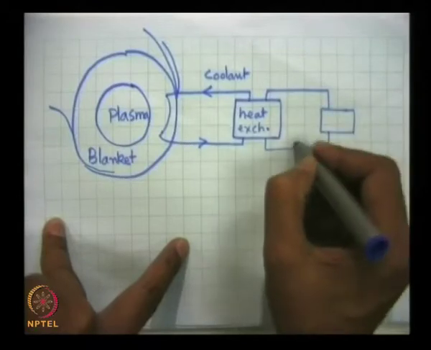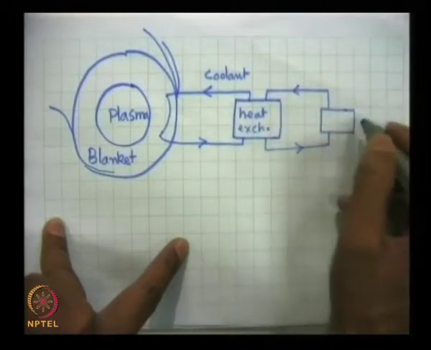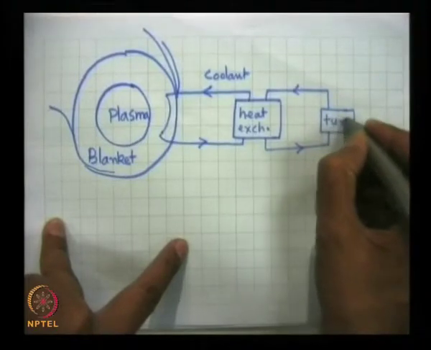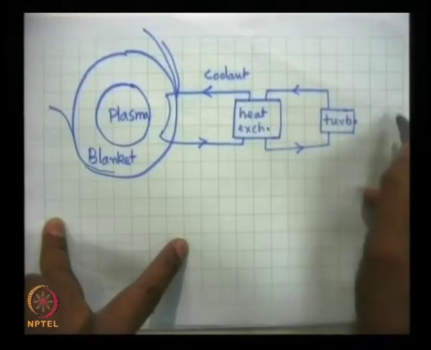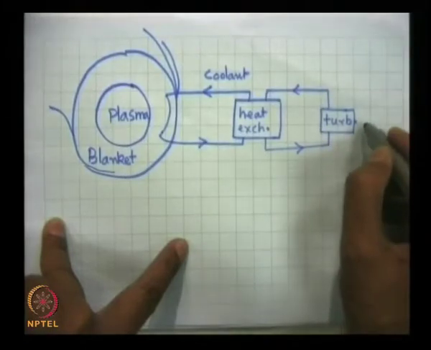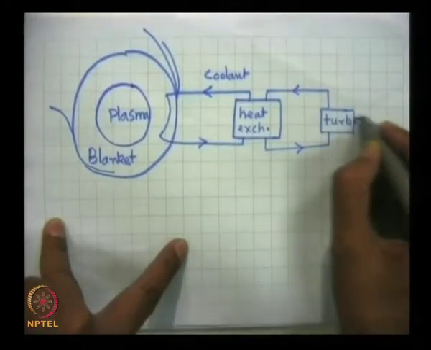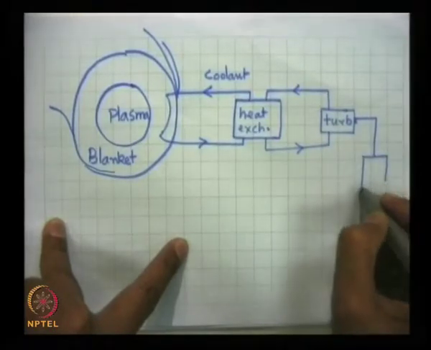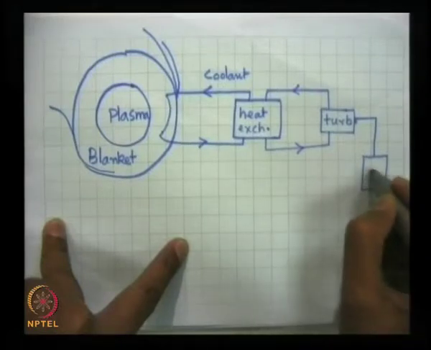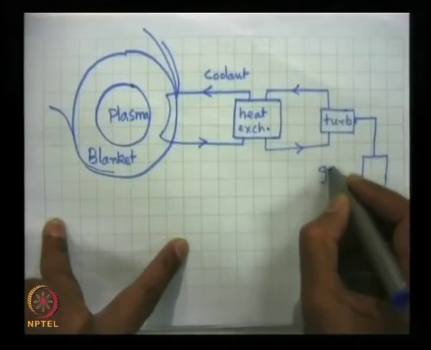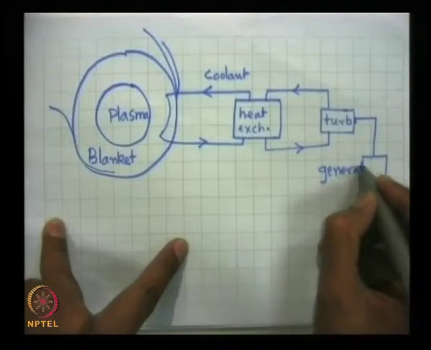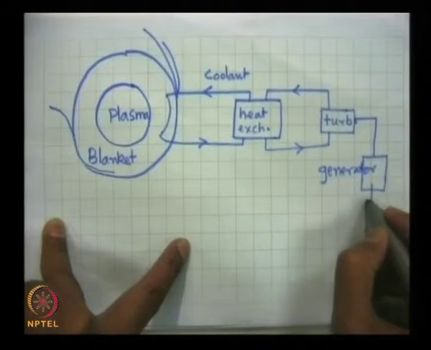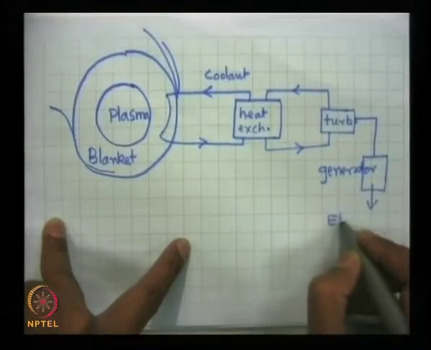So, we would like to connect this to a turbine, and this will be connected to a generator. So, this is generator that will convert the mechanical energy into electrical energy. So, this is electrical power.